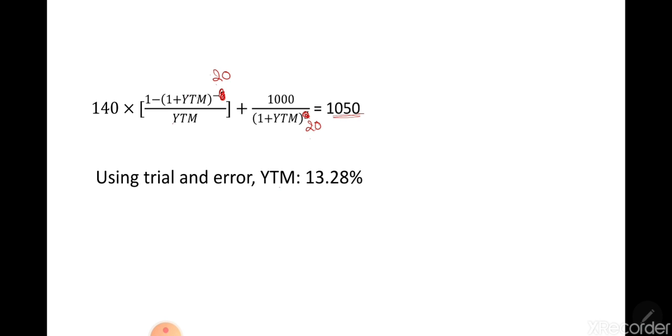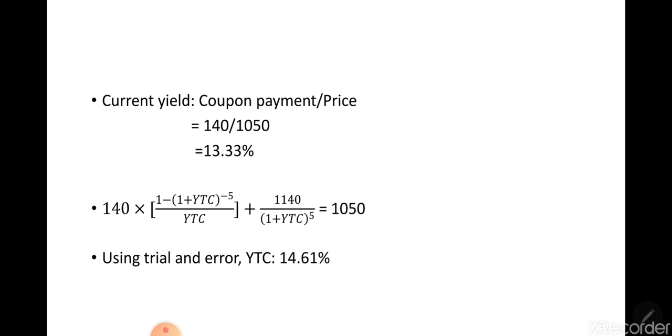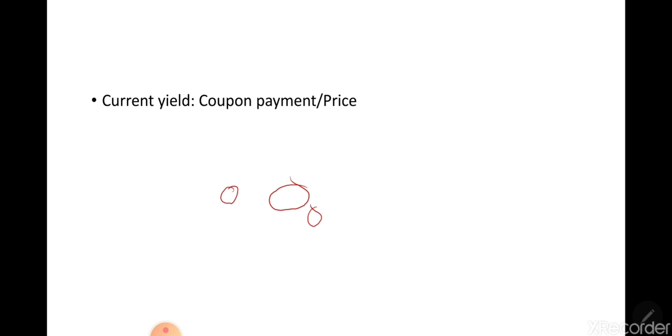Now let's look at yield to call. So yield to call, the same formula is used, but now you have to change two things. Number one, you will have to change the N, and number two, you will have to change the par value. Now you are not only going to get the par value, but you will get the par value plus call premium.